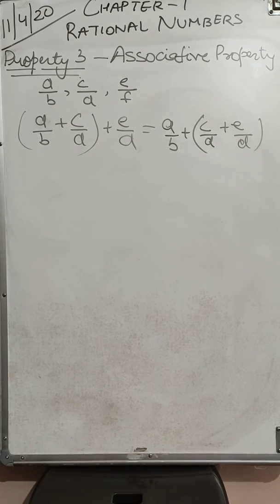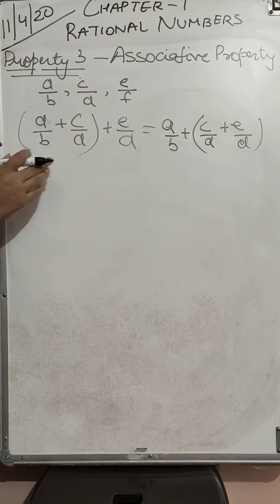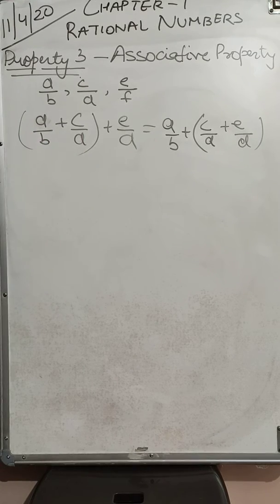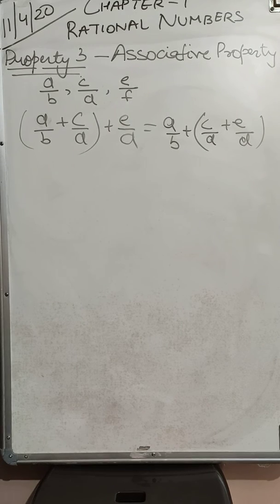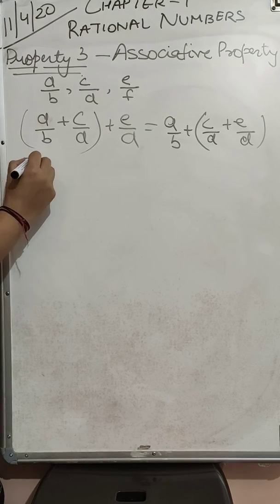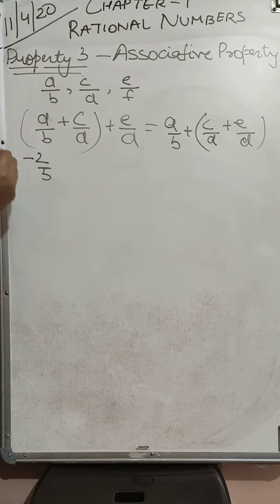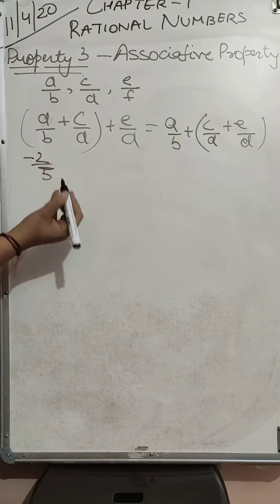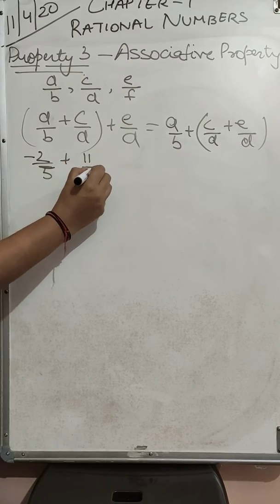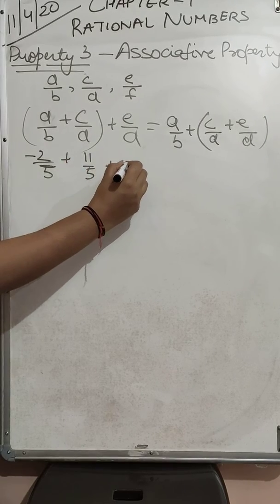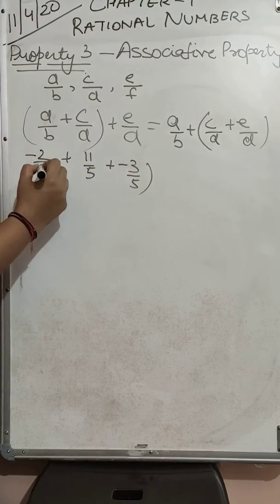Let's solve it. This also we have already studied in integers. Let's solve taking an example. Example is minus 2 upon 5 plus 11 upon 5 plus minus 3 upon 5.